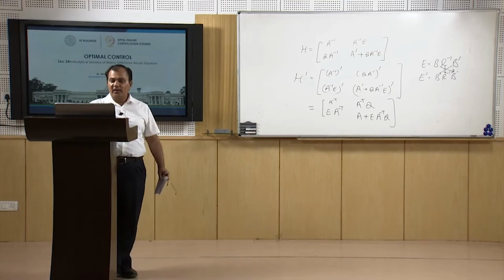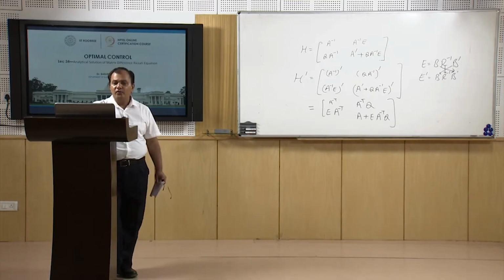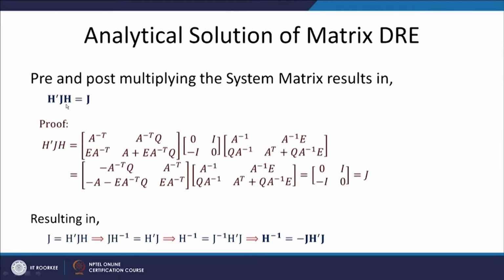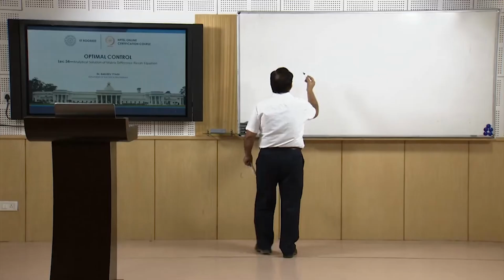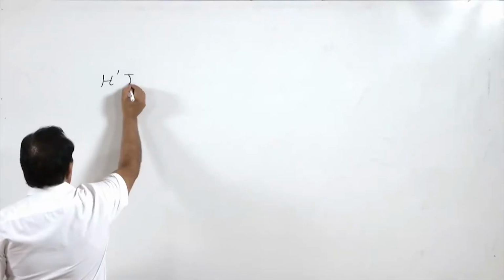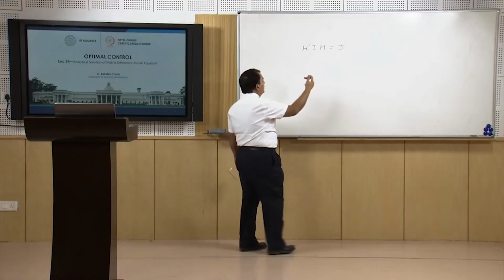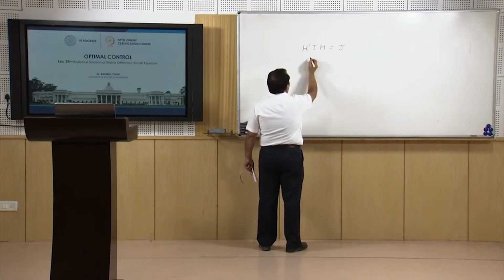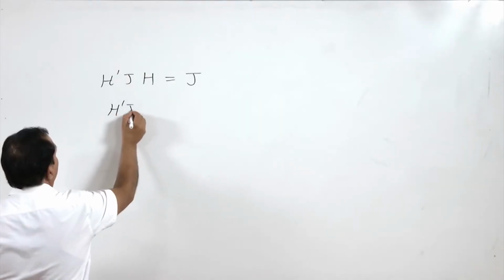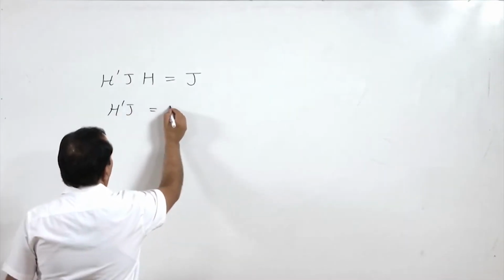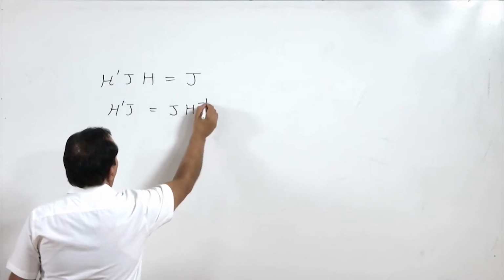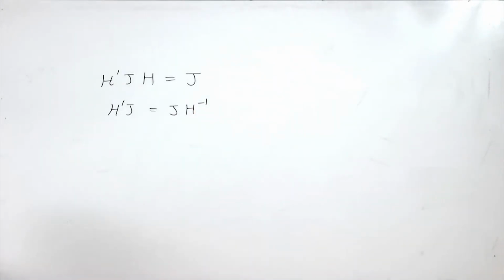So, I am getting this as my H transpose multiplied with J. I am trying to find H prime J H; you multiply this, and we will get the same matrix J. So, H prime J H we have taken as J. We post-multiply this with H inverse.